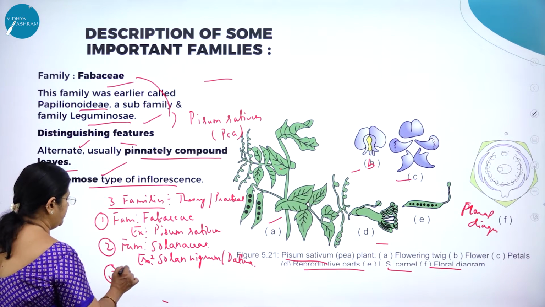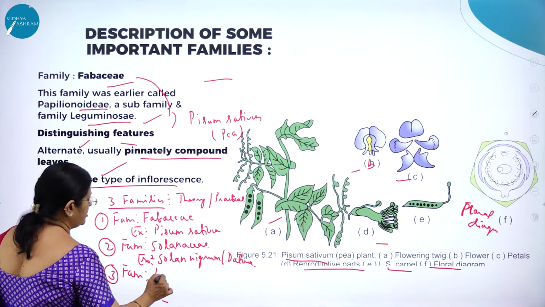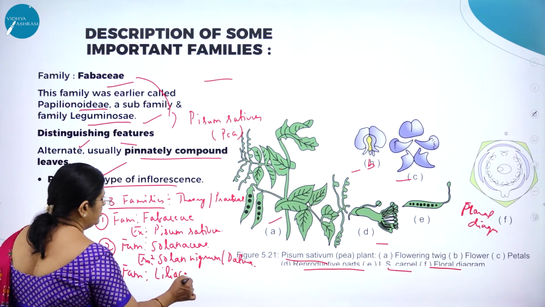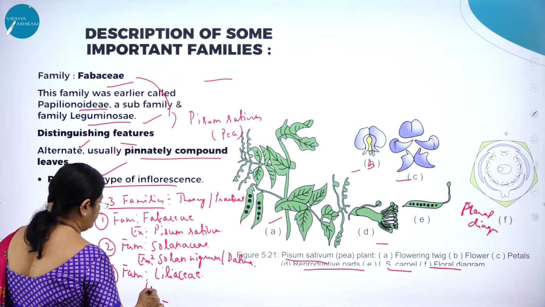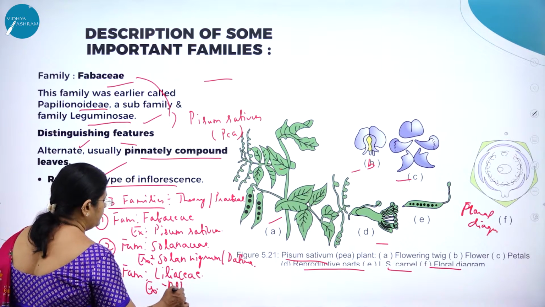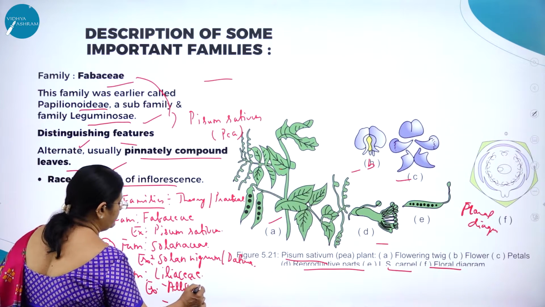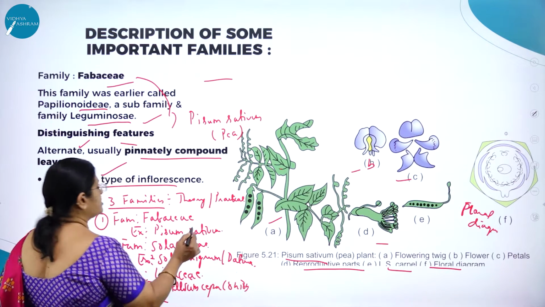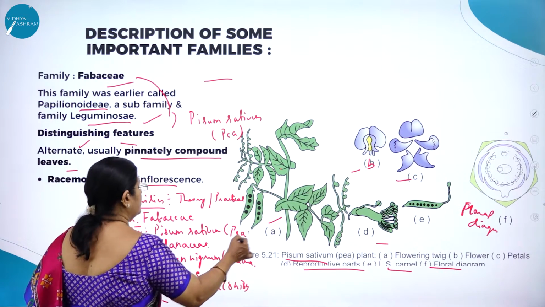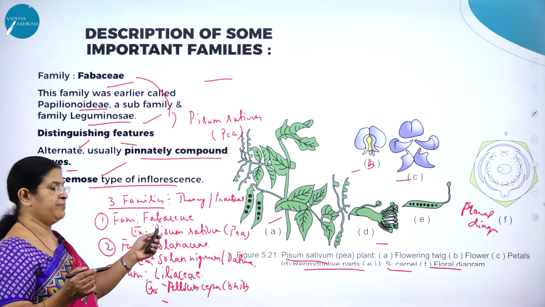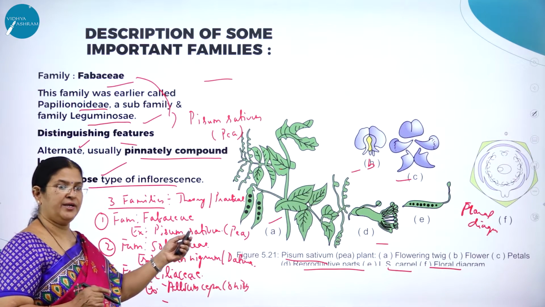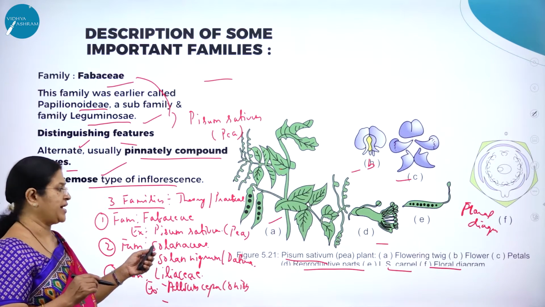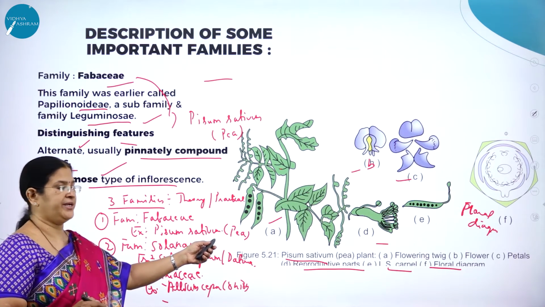Then family Liliaceae. Example, Allium cepa, that is onion. Whenever you are writing binomial nomenclature, never write the binomial nomenclature in brackets. Only the common name should be written in brackets.